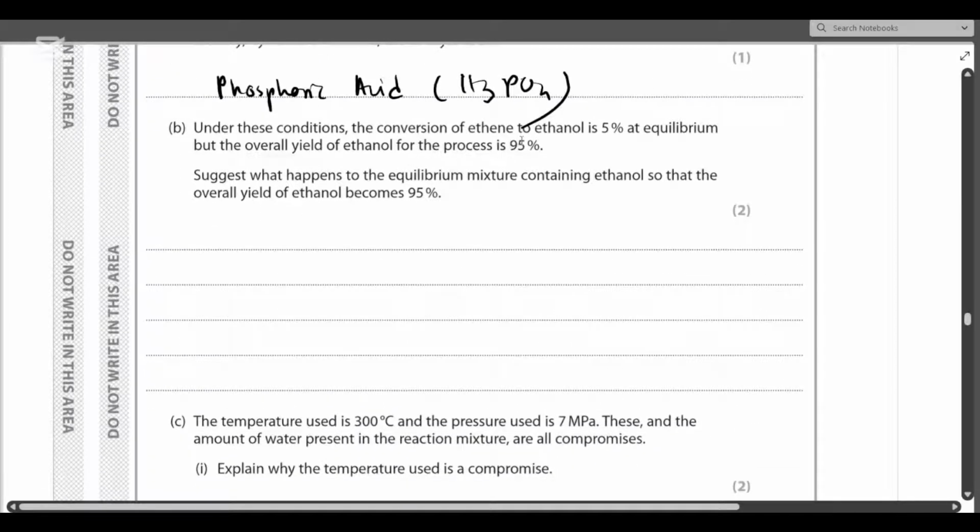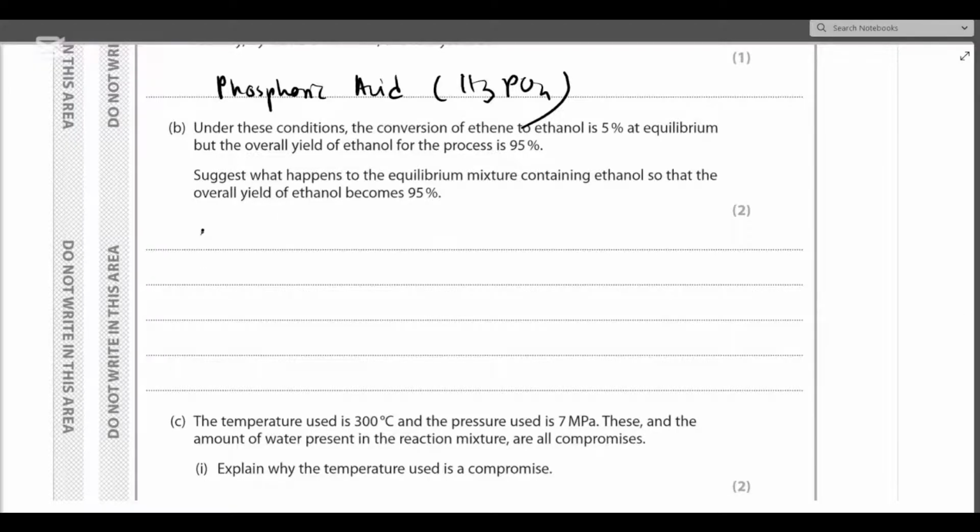Under these conditions, the conversion of ethene to ethanol is 5% at equilibrium, but the overall yield of ethanol for the process is 95%. Suggest what happens to the equilibrium mixture containing ethanol so that the overall yield of ethanol becomes 95%. Look, first of all, the reaction mixture is cooled. Why is it cooled?